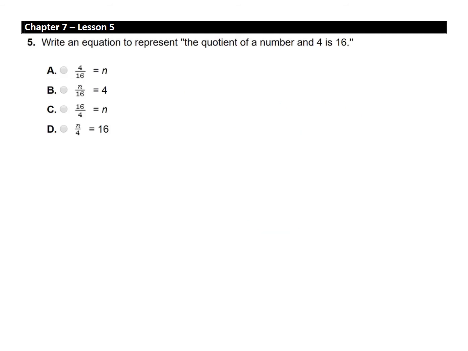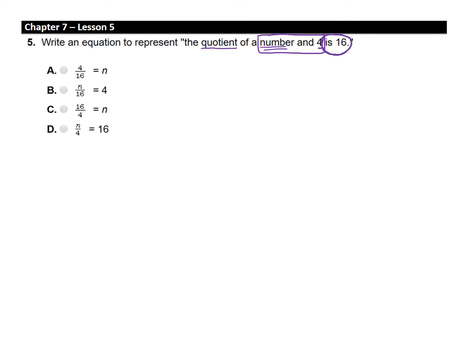Question number 5. Write an equation to represent the quotient of a number and 4 is 16. Now this one, as I was doing it, was a little bit tricky because I'm thinking like, okay, which number comes first? We're dividing a number and 4, okay? But the biggest part here is 16.